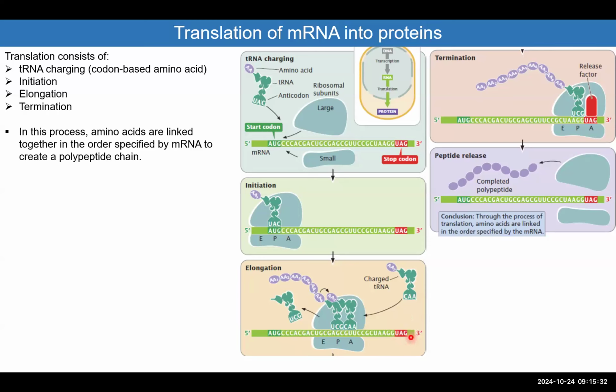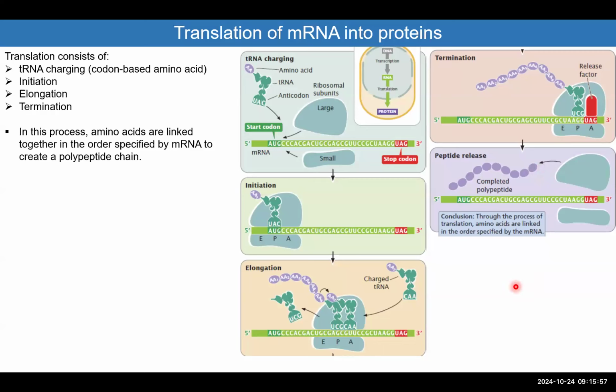Once you reach the stop codon, there will be the release of the translation machinery. And the amino acids that have been linked together will form this peptide, which is the protein.